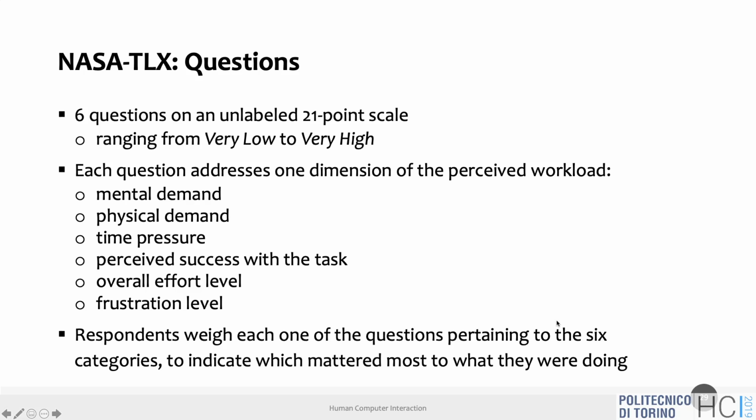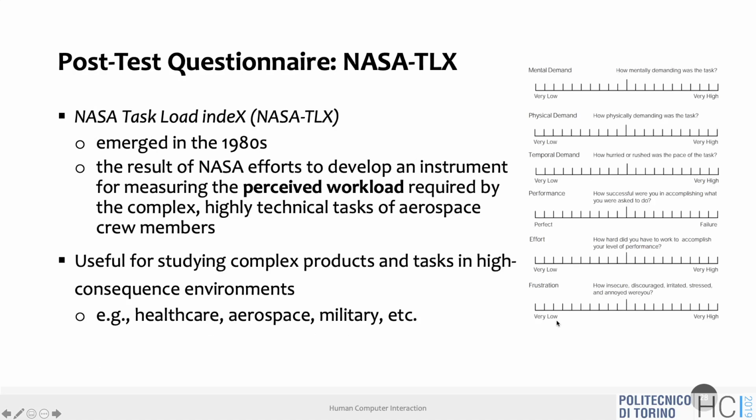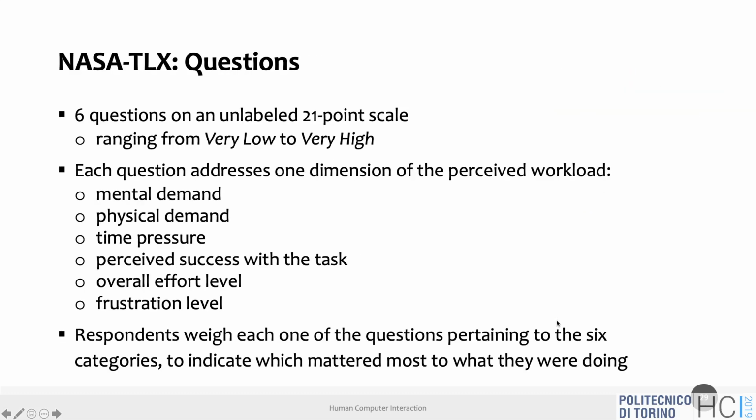And you have 6 questions, and each question addresses one different dimension of workload: mental demand, physical demand, time pressure, perceived success, overall effort, and frustration. Then each of them is defined in the question, for example as insecure, discouraged, irritated, stressed, and annoyed for frustration. So just different factors, different phases of the same dimension.